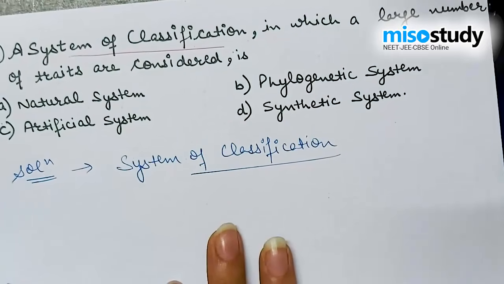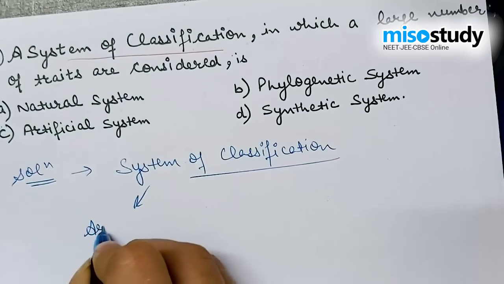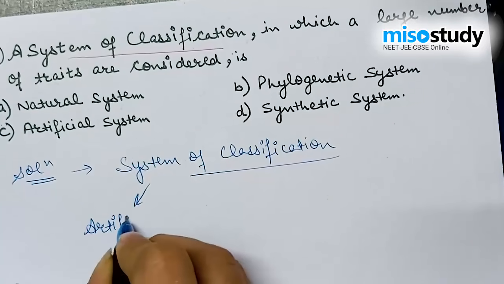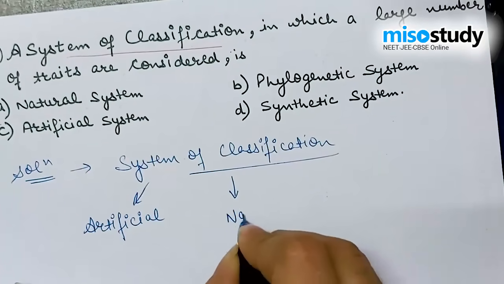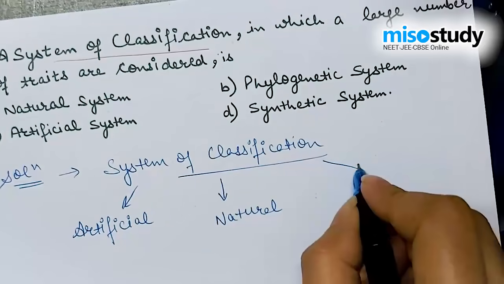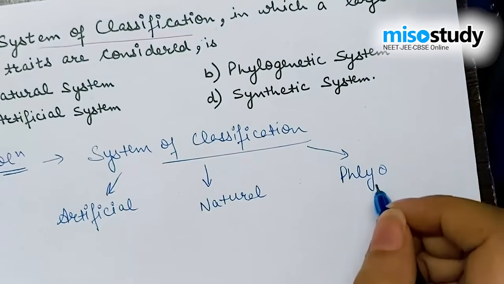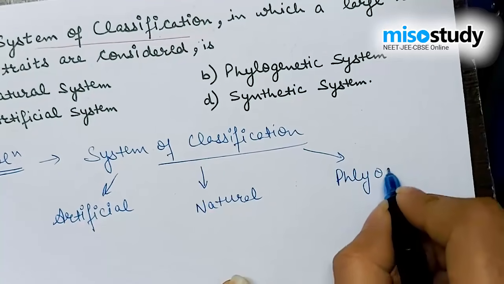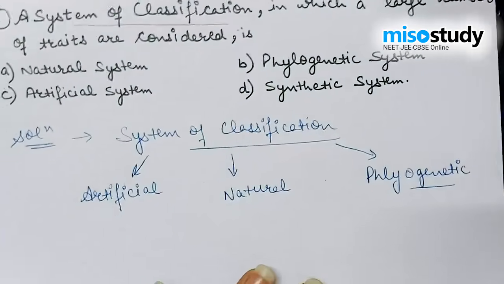First one is the artificial system of classification, next one is the natural system of classification, and third and last one is the phylogenetic system of classification.